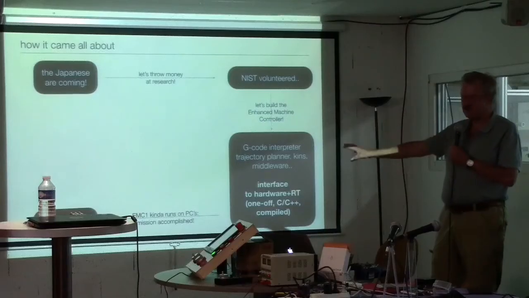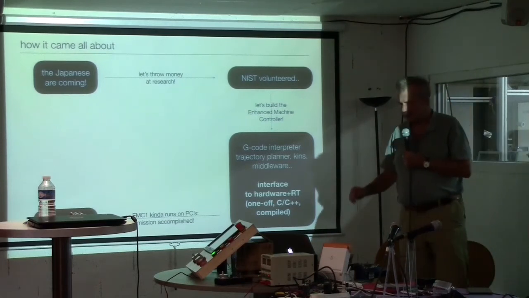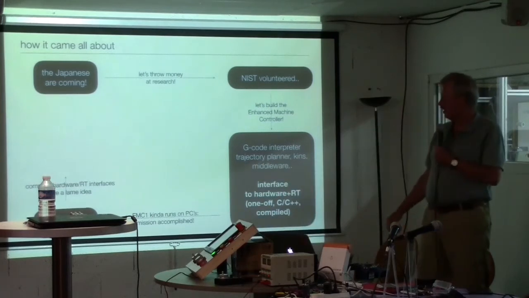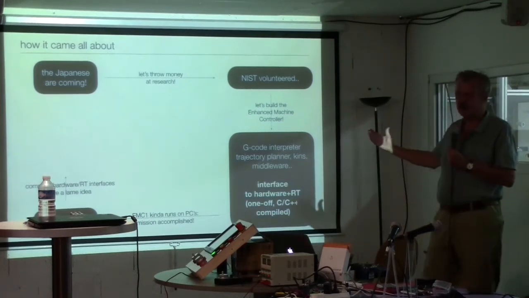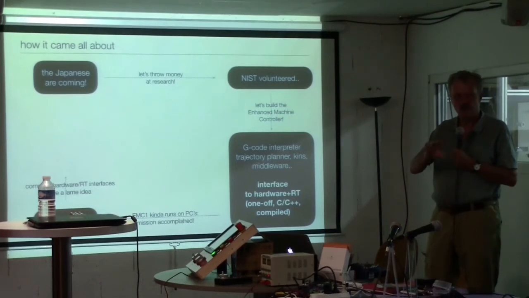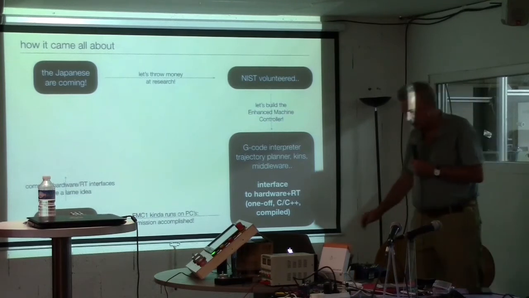Eventually it mutated into the LinuxCNC project, and LinuxCNC still does exist, but it eventually dawned on them that these compiled hardware descriptions, which they inherited from the research prototype, are a rather inflexible way of dealing with the I/O configuration of a particular machine's hardware. So that's a lame idea.